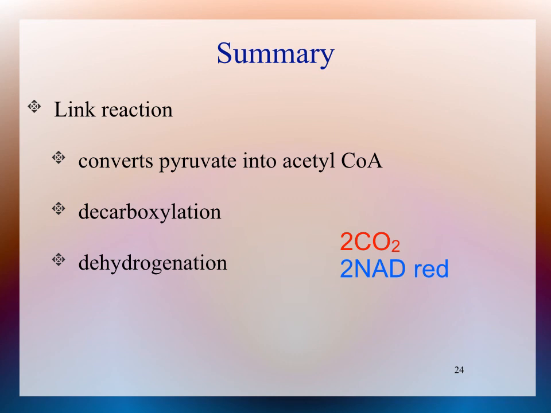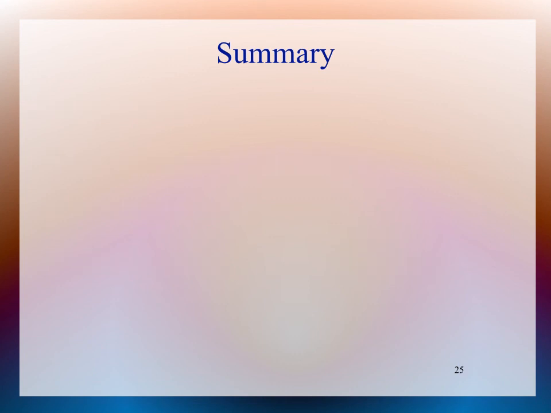So, what is our summary? The link reaction converts pyruvate into acetyl coenzyme A. The reactions involved are decarboxylation and dehydrogenation, and your products are 2 carbon dioxide and 2 reduced NAD. What about the Krebs cycle? Can you explain the Krebs cycle?